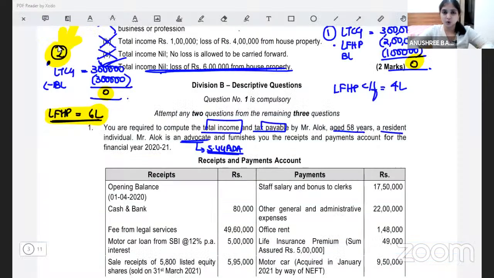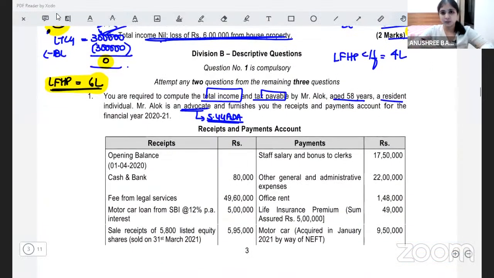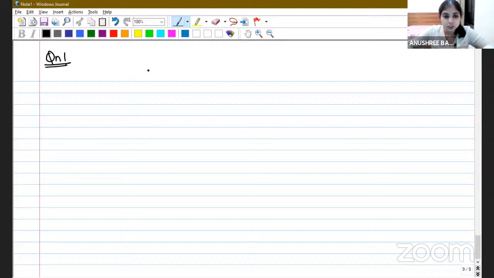No point reading the whole question first. As we read, we'll keep making our adjustments here and there. So first of all, I'm going to do the computation of total income. Give the heading in your notebooks: Computation of total income of Mr. Alok.